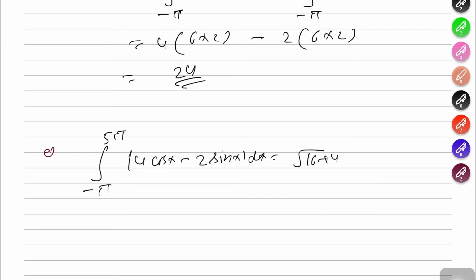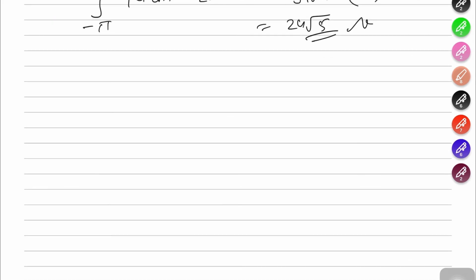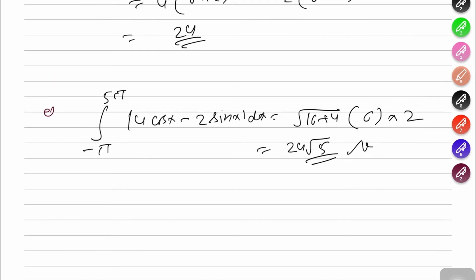So that is 4 squared is 16 plus 2 squared is 4, root 20, and 5 minus minus 1, that is 6, into 2. Okay, so the answer is 12 root 5. That is the answer. So let's see the proof why we are getting this one. So let's quickly see the proof why.